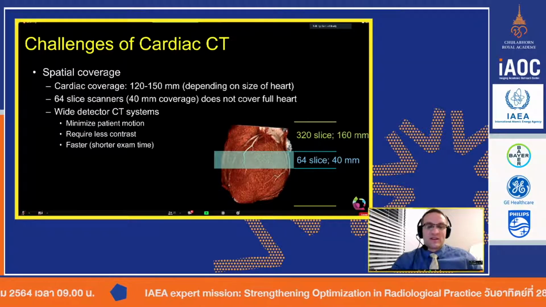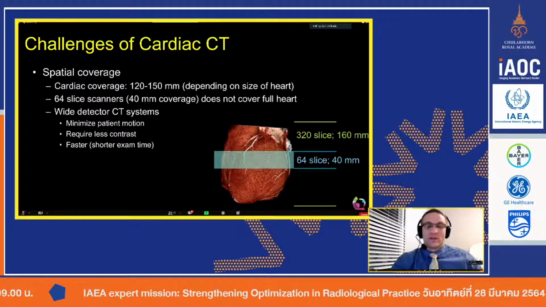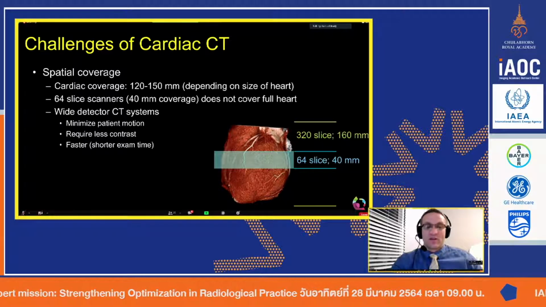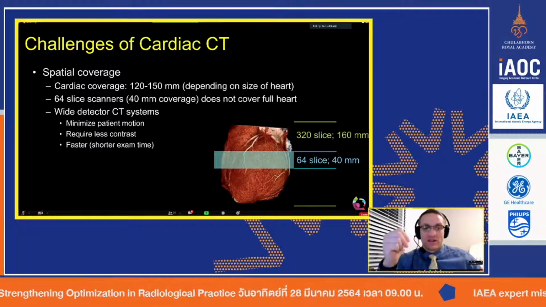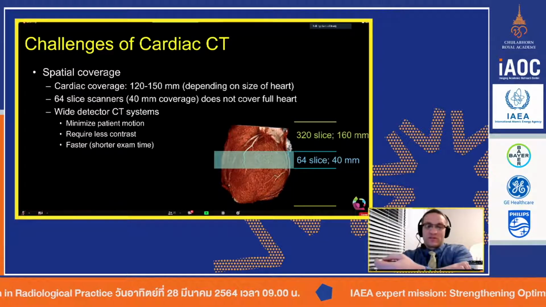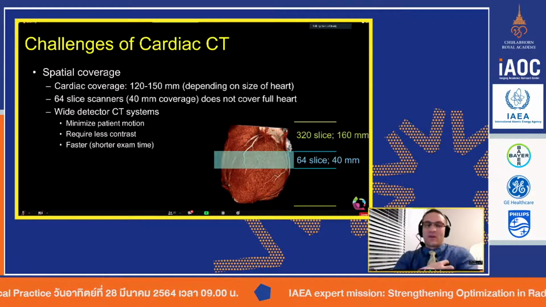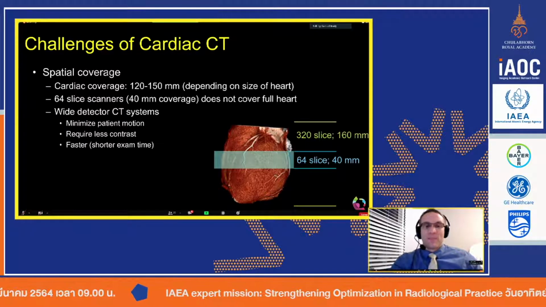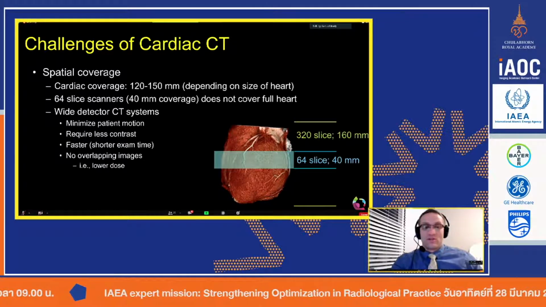And so it does require less patient motion. It produces an image with less patient motion. It can require less contrast because once you've injected the IV bolus, once it gets to the heart at the right timing, you acquire the image, and in a snap of your finger, you're done. And so the exams can be really quick.